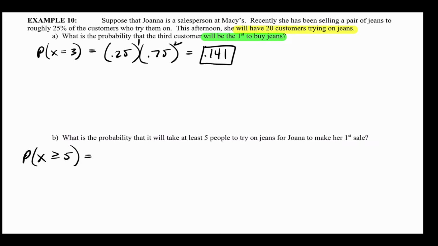That's like saying, what's the probability the 5th person buys, plus the probability the 6th person, plus, and so on. Well, they only said 20, so we have an actual number to stop at. Most of the time, they won't tell you that.